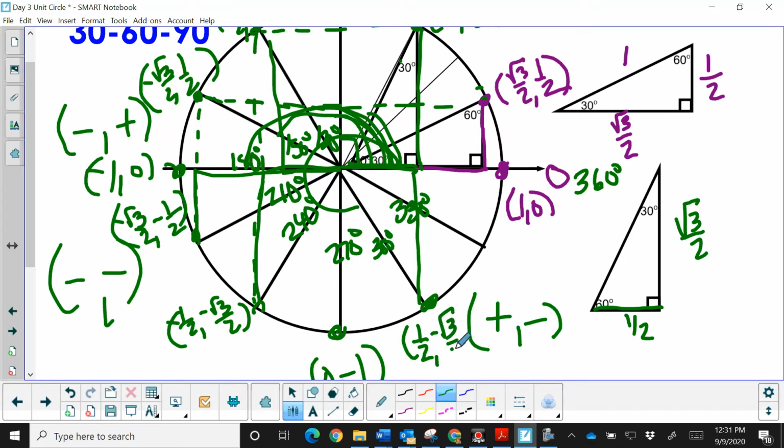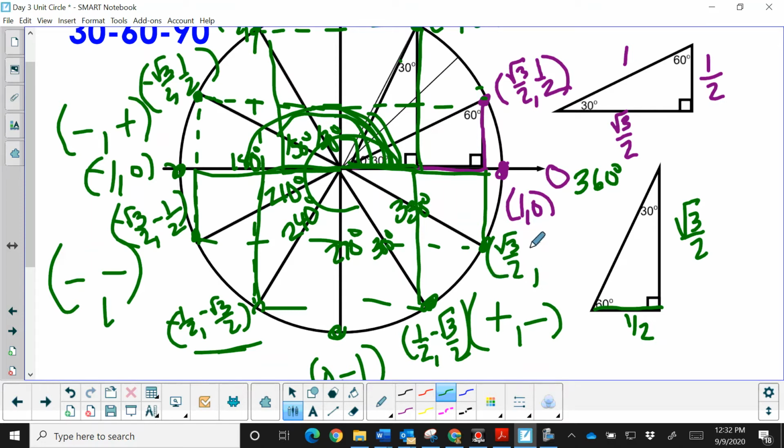Now where is it getting reflected from? It's reflected from this position at 240. It's reflected straight over. This one's going to get reflected over to here. Well, this one is the longer leg, which is root 3 over 2, and the short leg, which is 1/2. So this becomes root 3 over 2, and that's your x-coordinate, so it's positive.